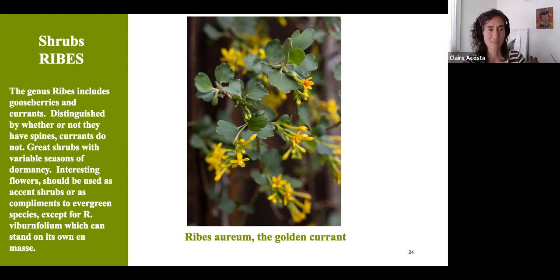But they usually have summer dormancy, except for viburnifolium, which is the Catalina perfume, an evergreen currant. That one's the exception. Most of them lose their leaves in summer.